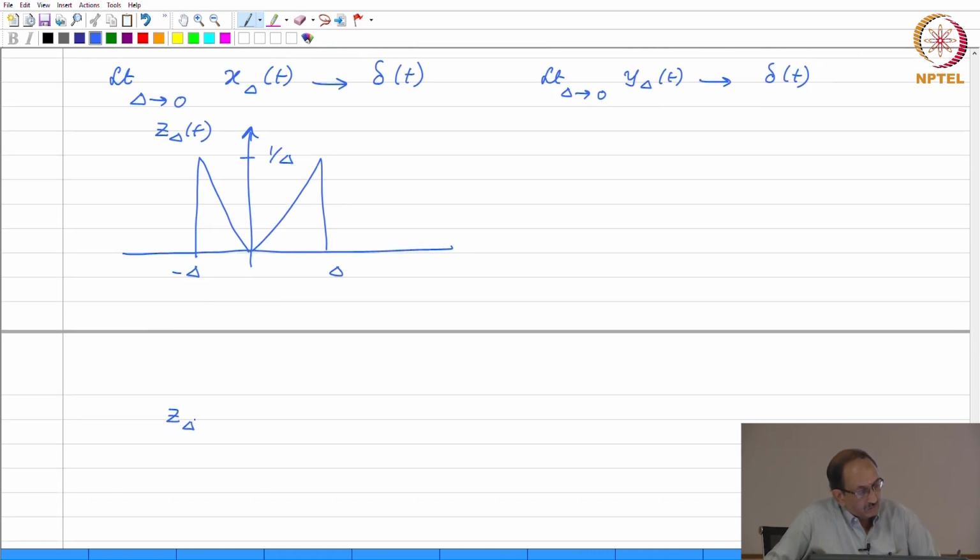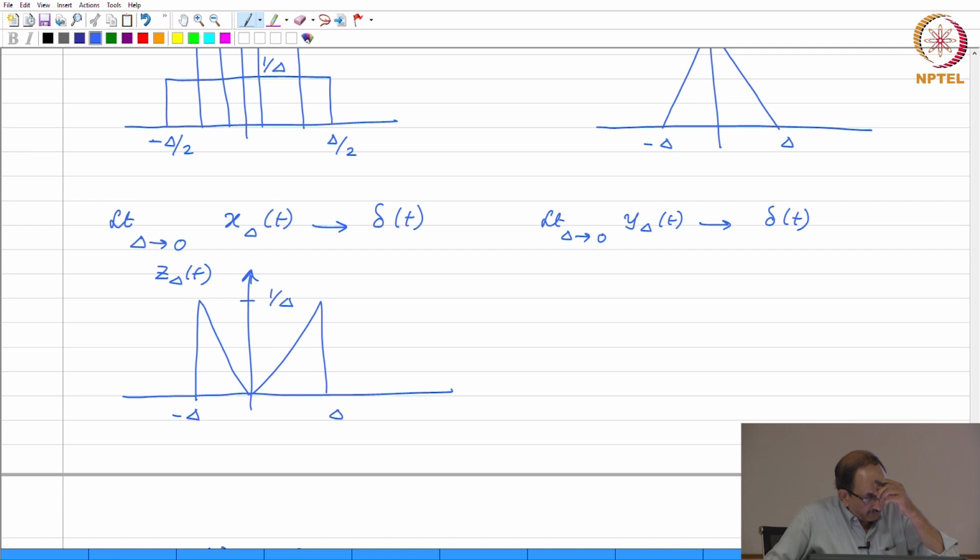What is Z delta of 0? Z delta of 0 is 0 for all delta, okay. Therefore, limit cap delta tending to 0 of z delta of 0 is 0. Very good. What is the area of z delta of t? 1, alright.